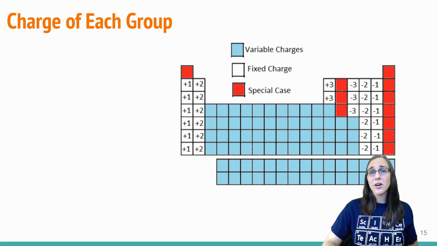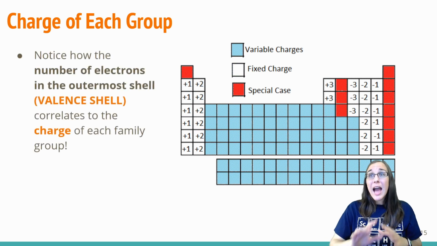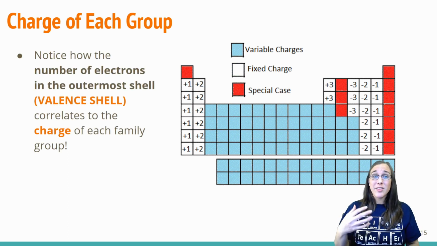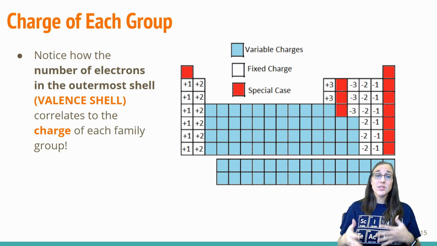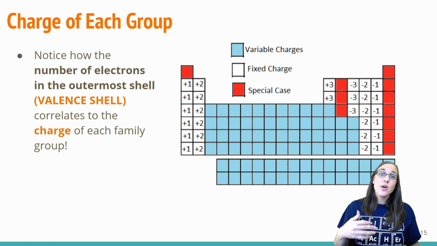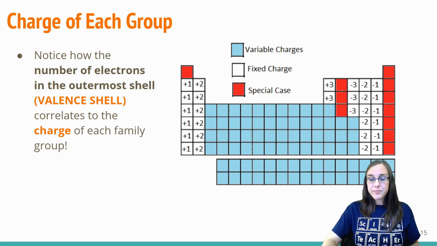Now, I mentioned charges before. These charges are based on the outermost shell. This is called the valence shell. This valence shell has a certain number of electrons, and those electrons correlate to the charge that an atom can form.